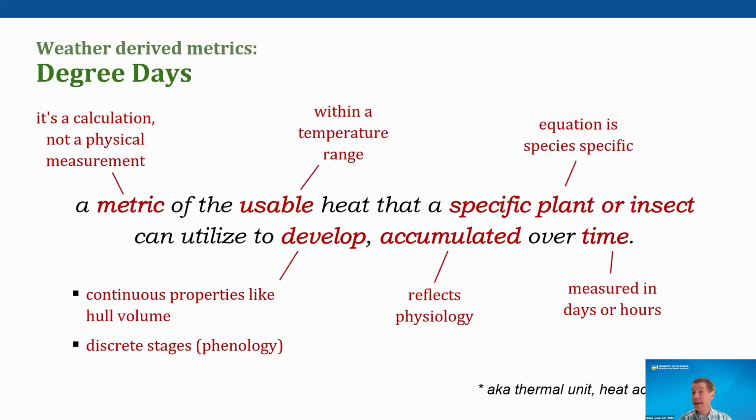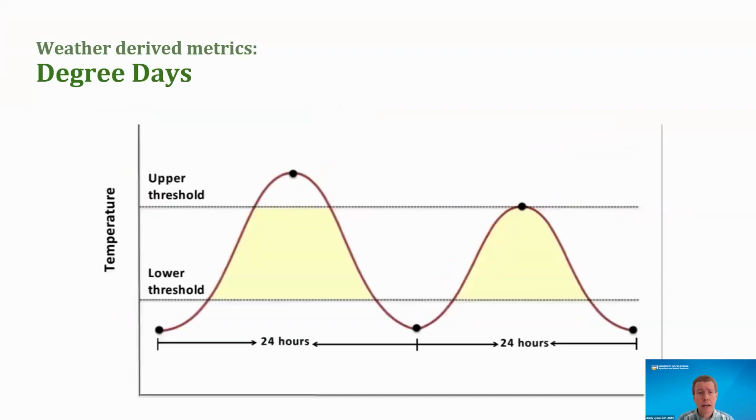And time is continuous, but in practice, these things are going to be measured in days or hours, because that's how the data come in, as well as that's where you get a good balance between complexity, the amount of data, and prediction. So in a nutshell, that's what degree days are.